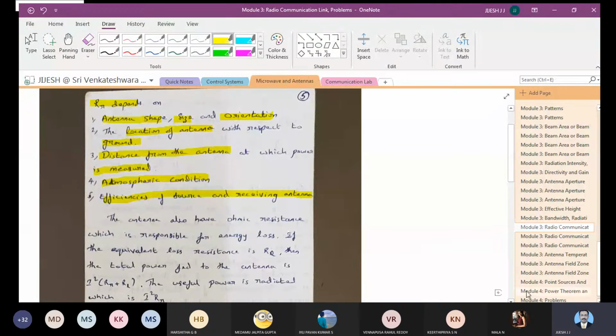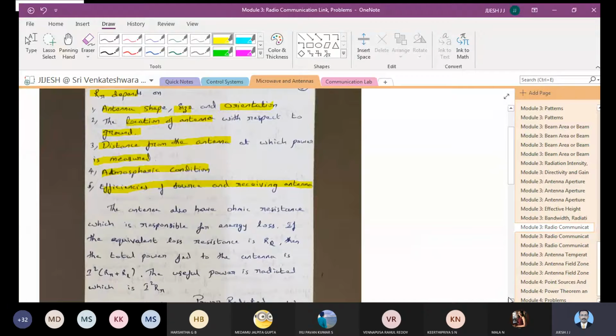The antenna also has ohmic resistance, which is responsible for the energy losses. You know that when there is resistance, some energy will be lost. If the equivalent loss resistance is RL, then the total power fed to the antenna is I square into RR plus RL, where RR is the radiation resistance and RL is the loss resistance.